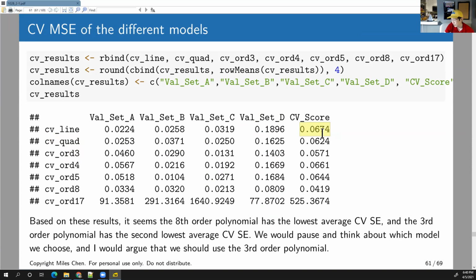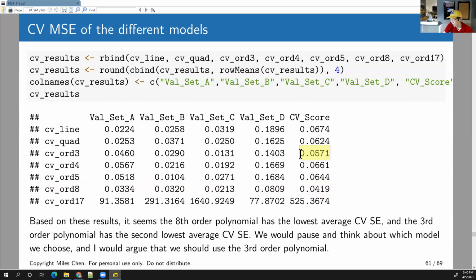And you have 0.0674, 0.0624, 0.0571, 0.0661, 0.064, 0.0419, and 525 is the average here. So out of these, it seems like the 8th order polynomial does best in terms of the cross-validation score.